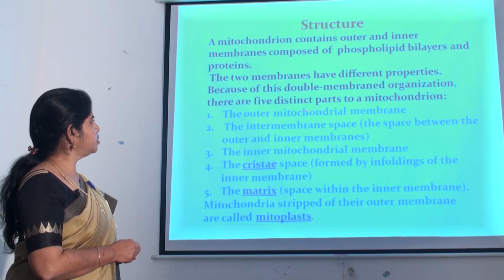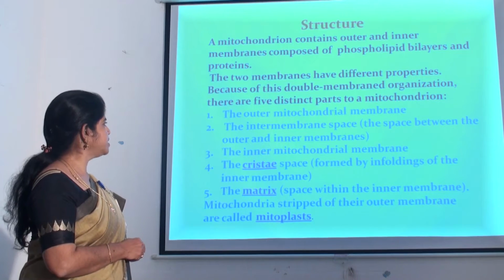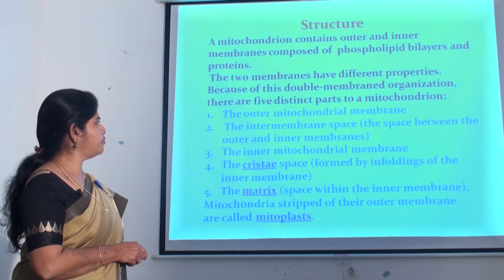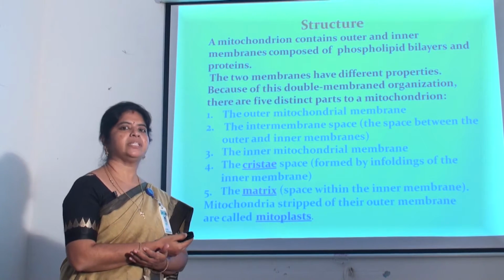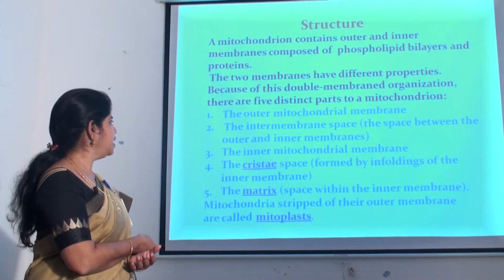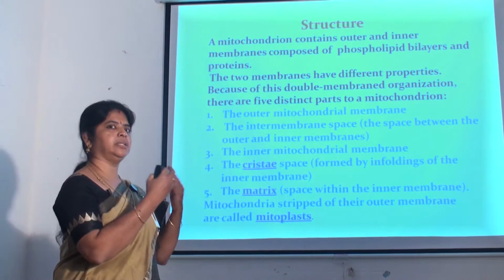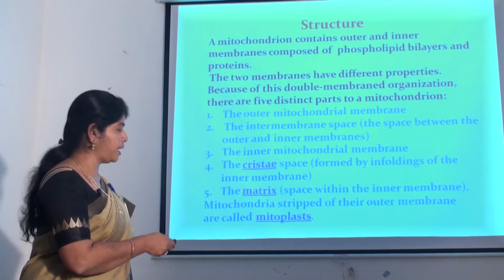First, the outer mitochondrial membrane; the inner mitochondrial space or perimitochondrial space; the inner mitochondrial membrane; the cristae, which are formed by the enfoldings of the inner membrane; and the matrix, which is the space within the inner membrane. If the mitochondria is stripped off its outer membrane, then it is called a mitoplast.